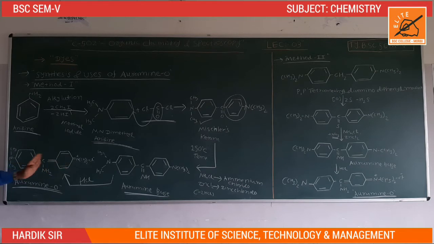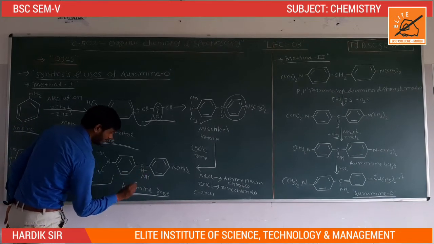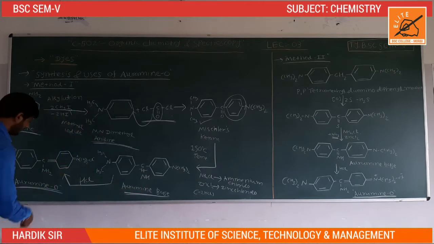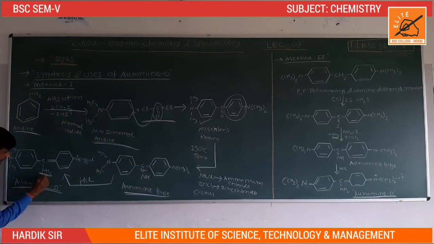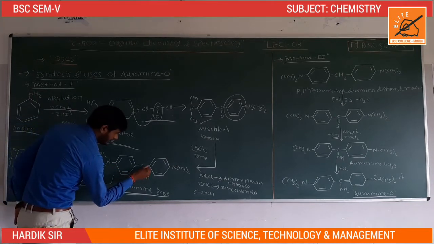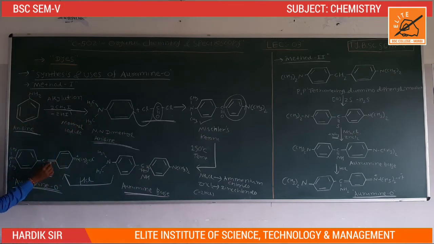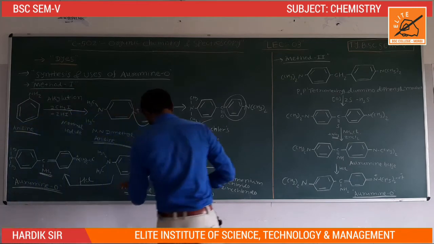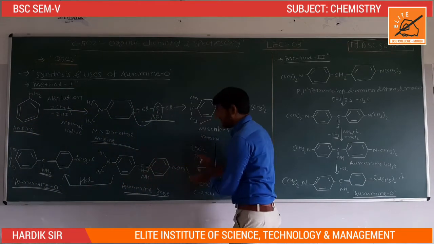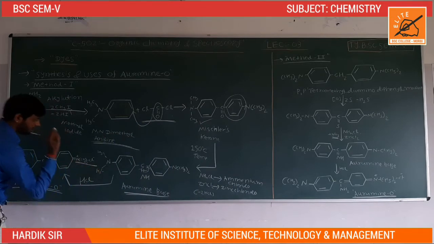Let us see the structure. This bond is broken and one hydrogen is added, and the amine group is combined with this ring, and this bond is converted to this bond, forming a double bond, and our other part of the phenyl ring has N(CH3)2.